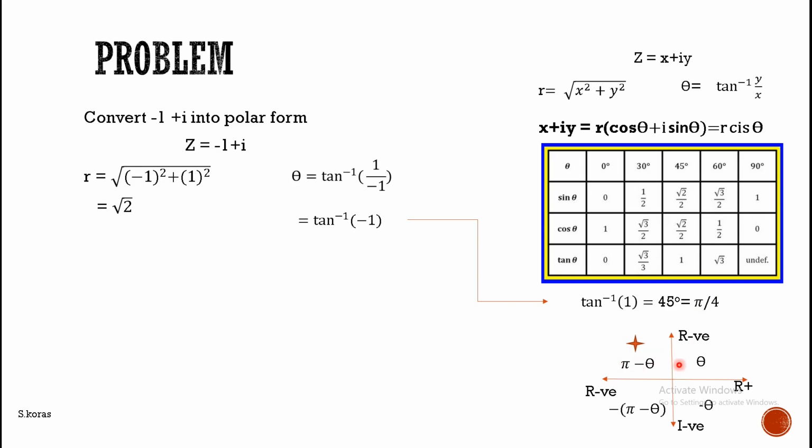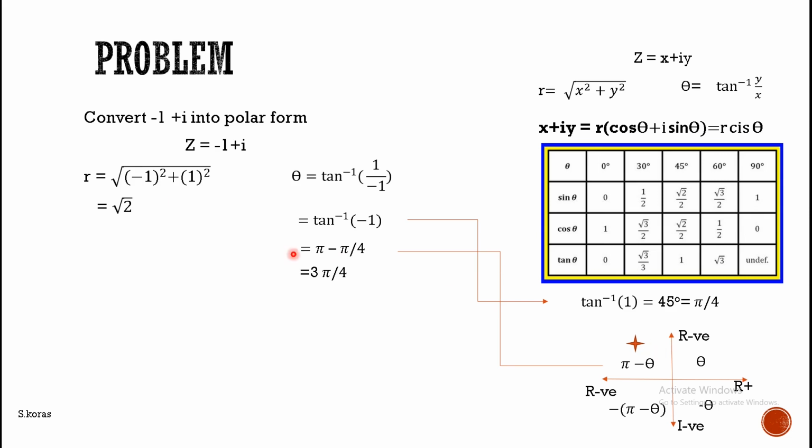So you have to apply this formula. If you replace this theta by pi by 4, you will get the real angle or the real argument. So that is pi minus pi by 4. If you simplify it, your answer will be equal to 3 pi by 4.